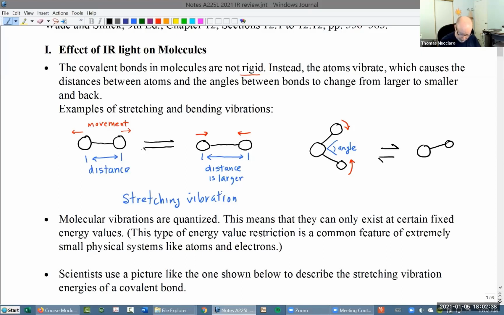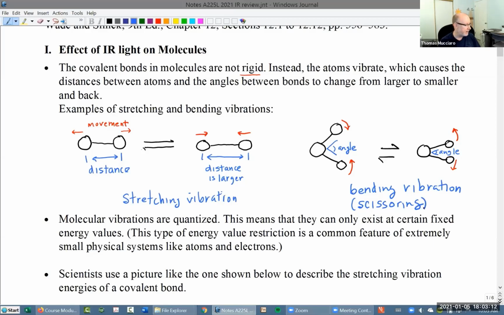I'm going to really exaggerate this so you really see it, right? Where the angle defined by three atoms, two bonds and three atoms, gets bigger and smaller. This is a bending vibration. There's actually more than one type of bending vibration. This particular one is called scissoring.